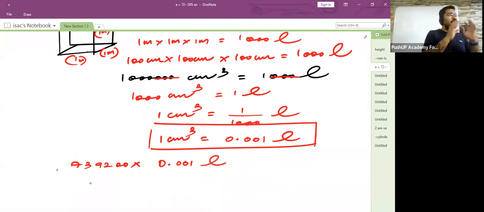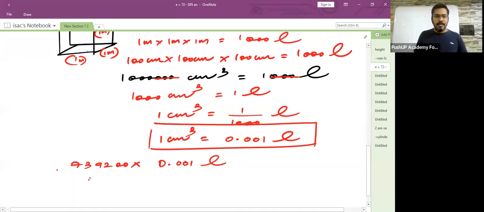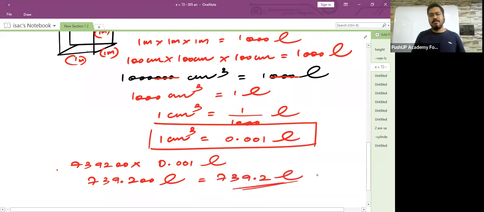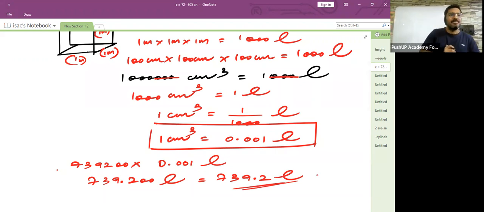So you multiply whatever quantity you got with 0.001. It would be 739.200 liters. Otherwise, you can simply write this as 739.2 liters. That is enough.